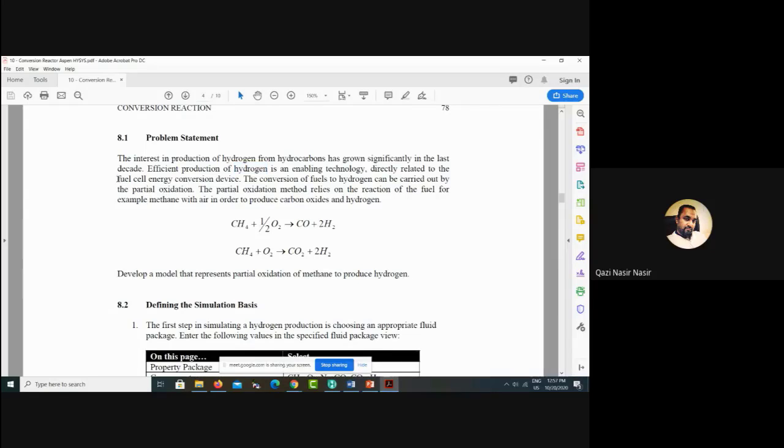So how do fuel cells work? Inside the fuel cells we have both a cathode and an anode. Those cathodes and anodes are very sensitive to carbon dioxide and carbon monoxide.